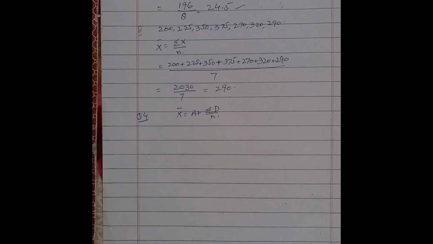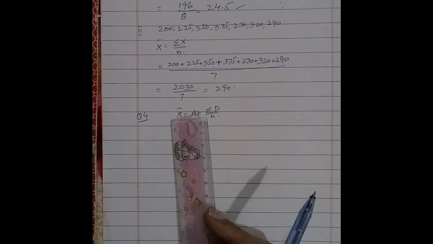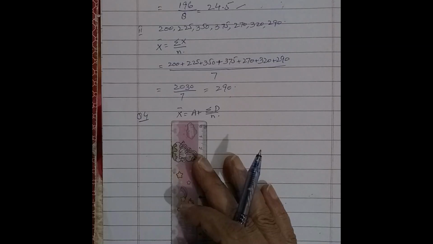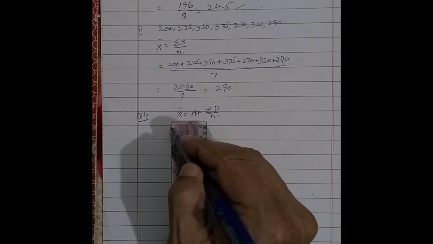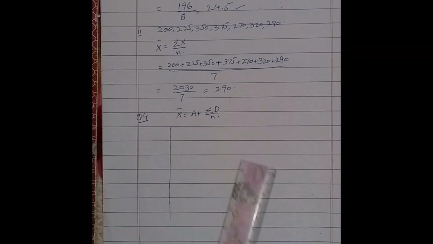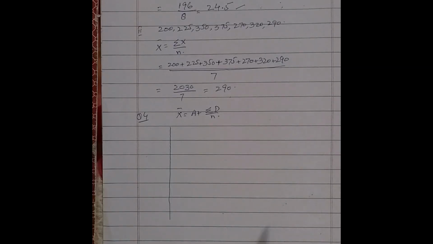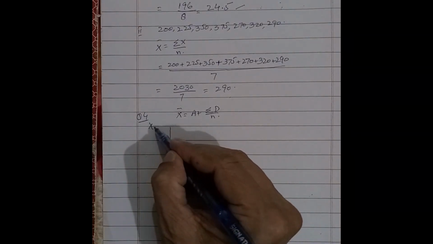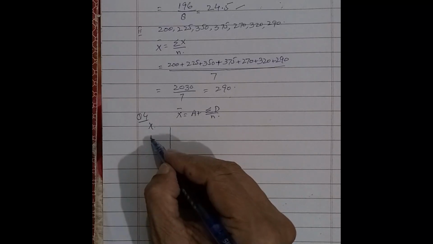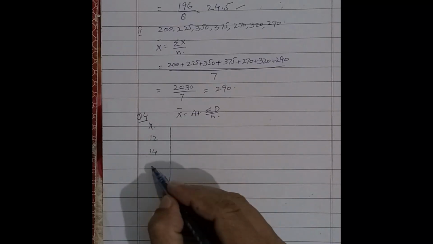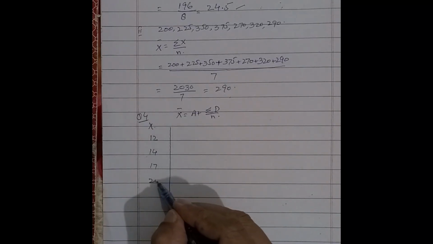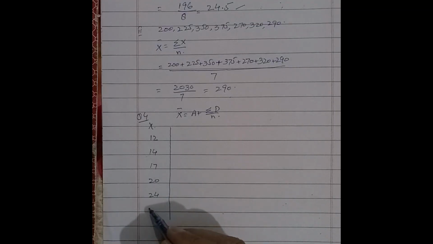So we solve it by giving the values. It is x. The values are 12, 14, 17, 20, 24, 29, 35 and 45.